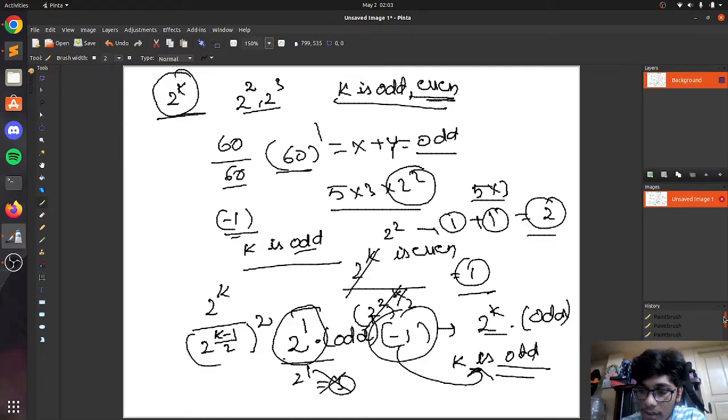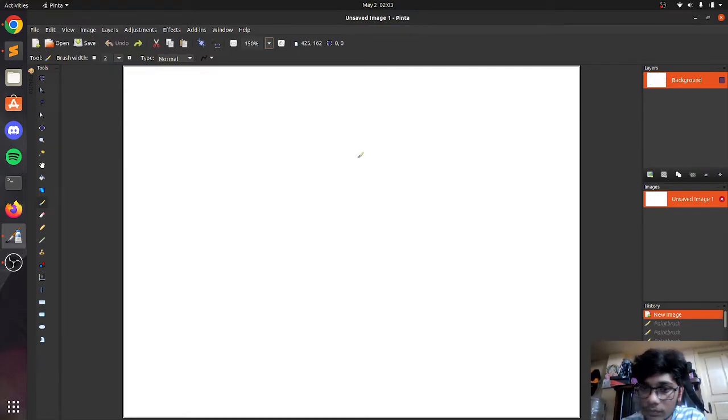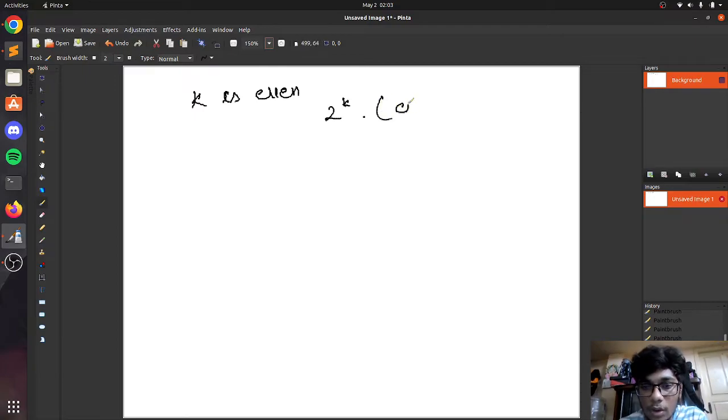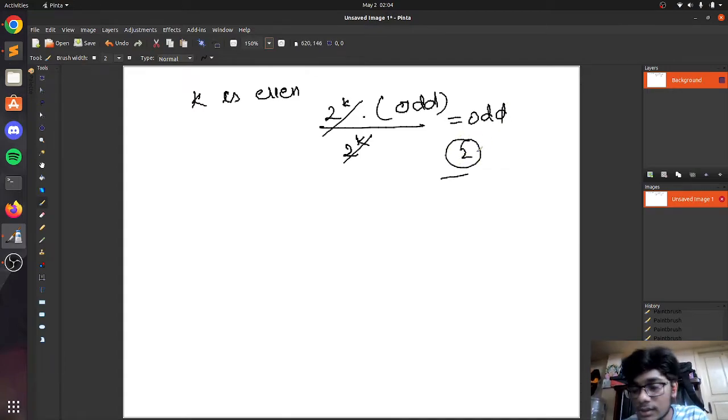So right now we have understood, and what remains is k even, 2 power k into some odd. So we can directly divide by 2 power k, so this goes to 1, so equal to odd. There are two ways, but you can understand in a different way also.